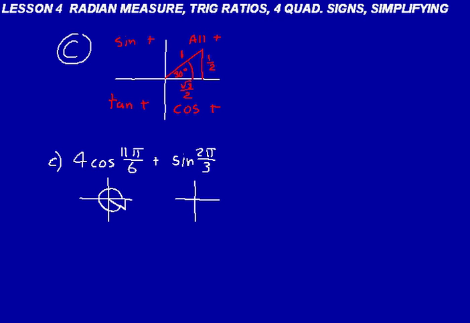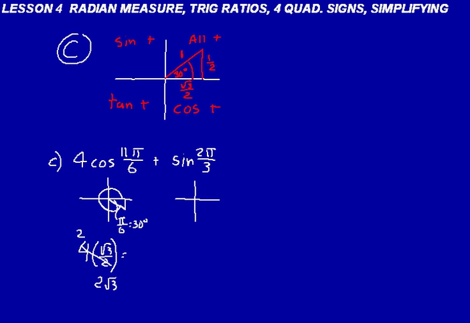And I'm dealing with basically an angle there of pi over 6, which equals 30 degrees. Cosine of 30 degrees is the square root of 3 over 2. So I'm doing 4 times the square root of 3 over 2. And those cancel, and I'm just basically left with 2 times the square root of 3.